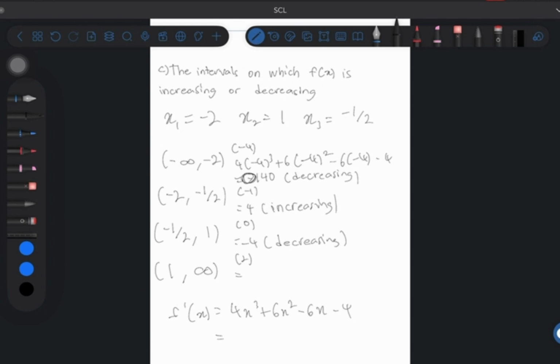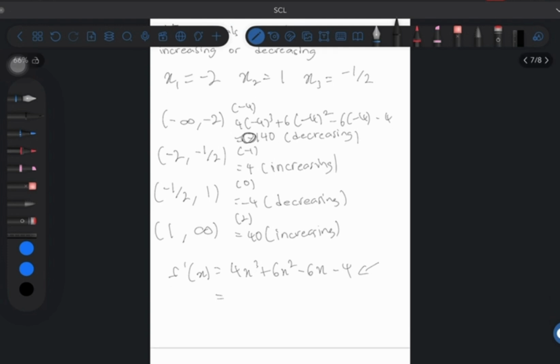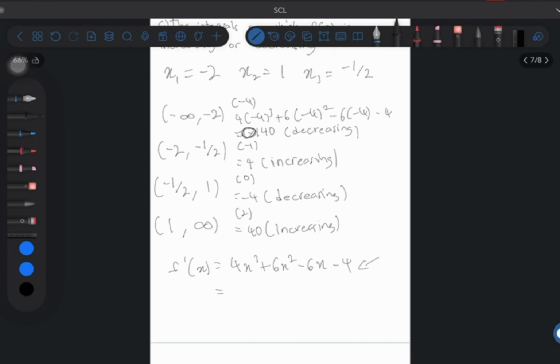Substituting into the first derivative equation, we get 40, which is positive, so increasing. So we can see that our graph is going to be decreasing first, increasing, decreasing again, and increasing again.